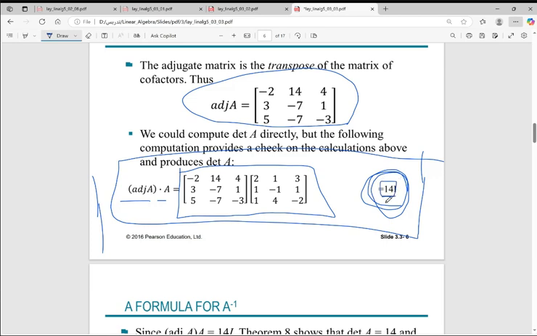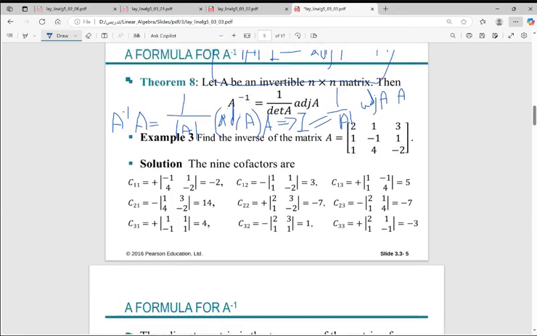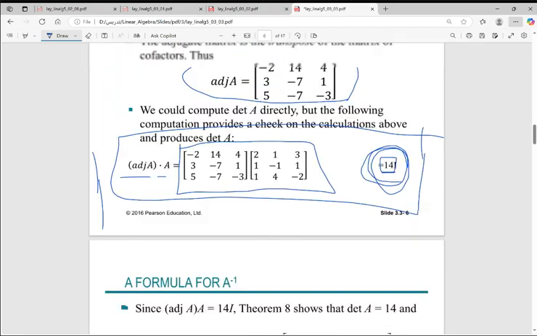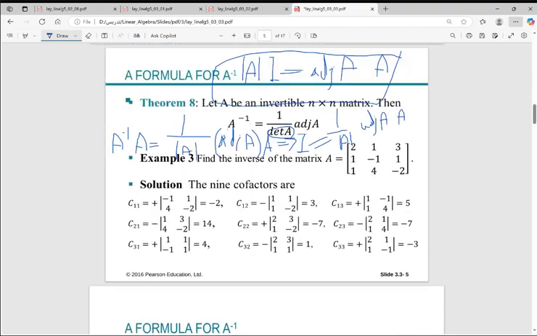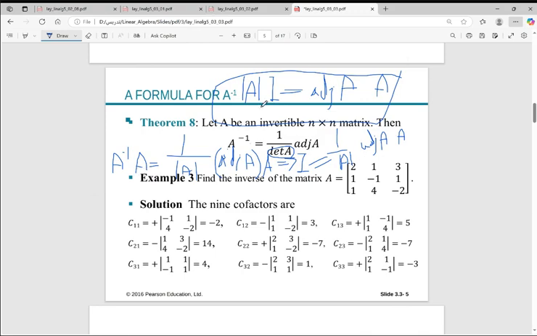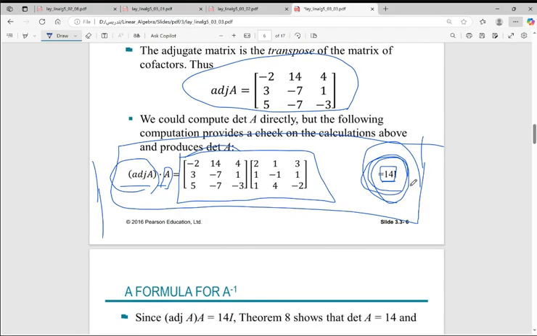So instead of computing determinant of A, which is kind of time consuming, boring, we can multiply adjugate of A with A, which is easier for us, and the result always will be a number times identity matrix. That number is determinant based on the relation that we showed here, right? So in this example, your determinant is 14.